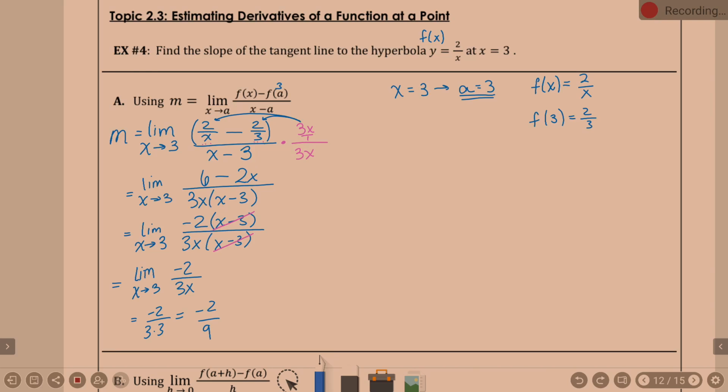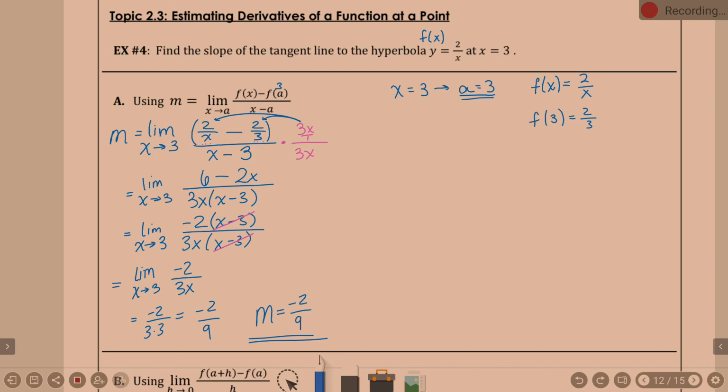So we found our slope to be -2/9. So again, what we're saying is on the curve y equals 2 over x, when x equals 3, the slope of the tangent line is -2/9. Okay?